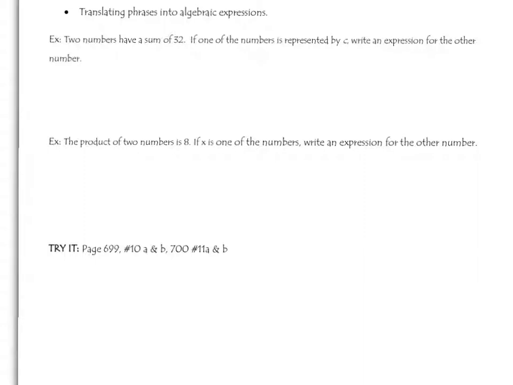Okay, in this problem you have two numbers that have a sum of 32, so that means they add together to get 32. If one of the numbers is represented by C, write an expression for the other number. So what we know is one of the numbers, C, plus the other number equals 32. Let's write that: C plus other number equals 32.